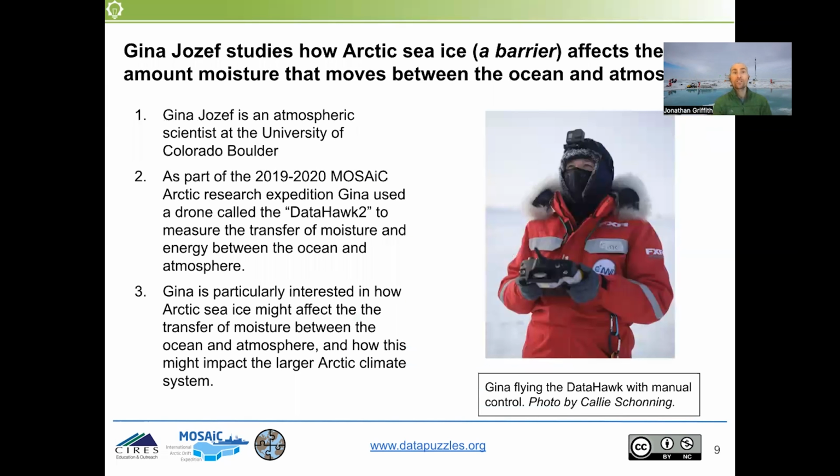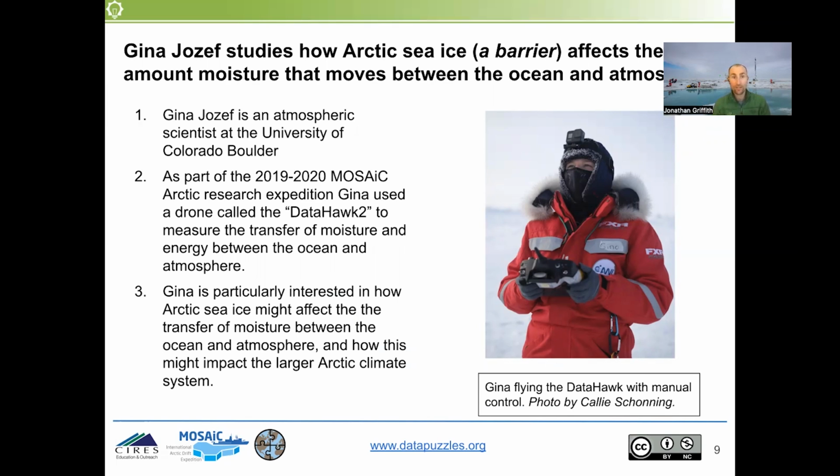And so Gina Joseph is studying something similar. She's studying how Arctic sea ice, a barrier, affects the amount of moisture that moves between the ocean and the atmosphere. Gina is an atmospheric scientist at the University of Colorado Boulder.